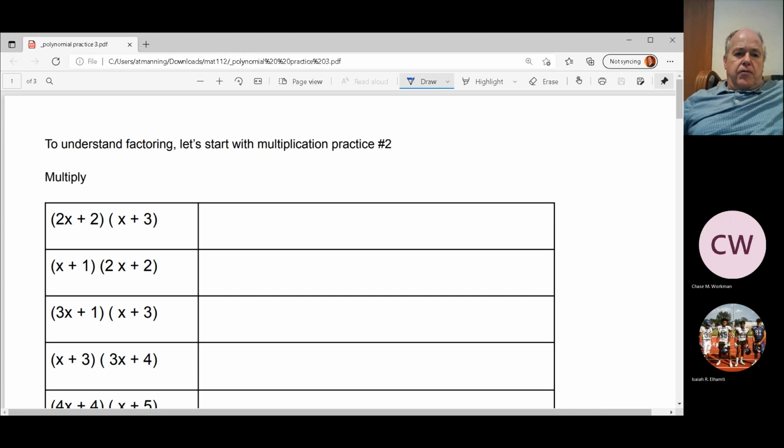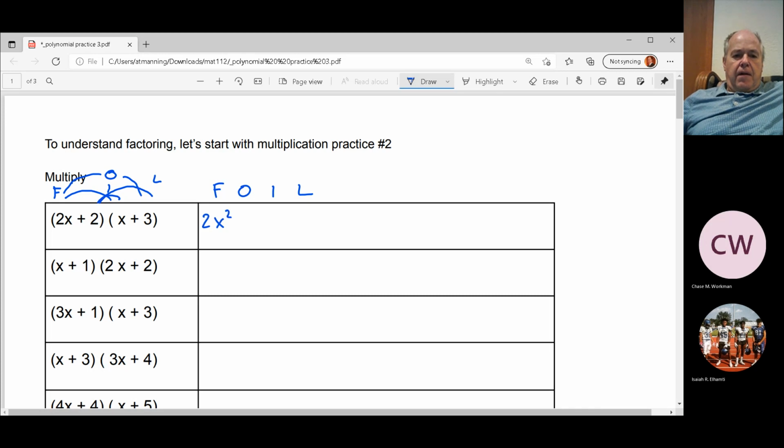Remember what we do? We do the FOIL method: the firsts, the outside, the inside, that would be these two, and then the last, which would be these two. Multiply the firsts. What do I get? 2x squared.